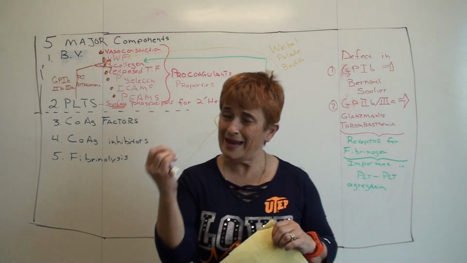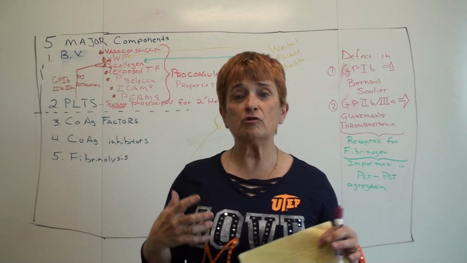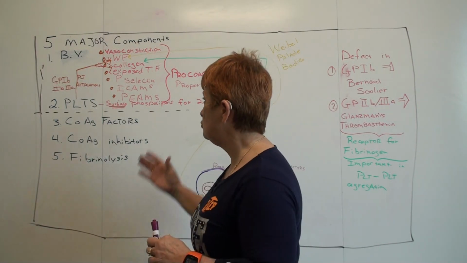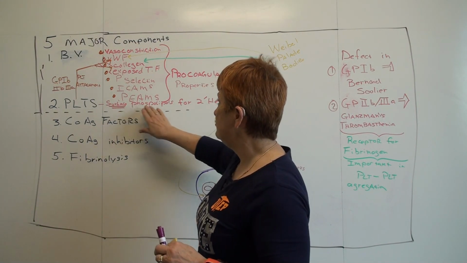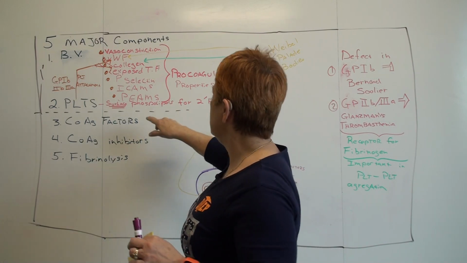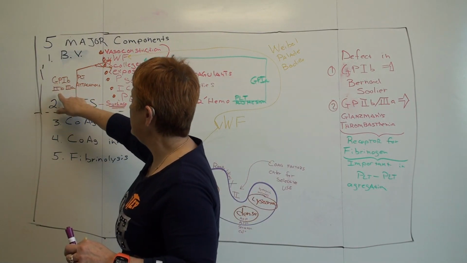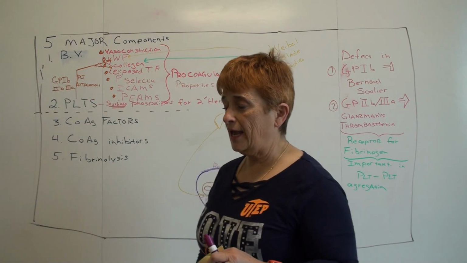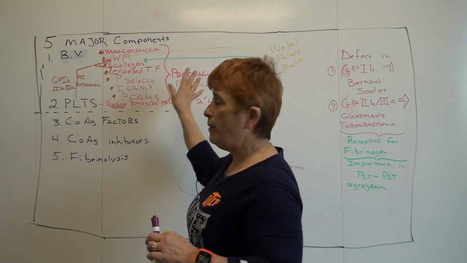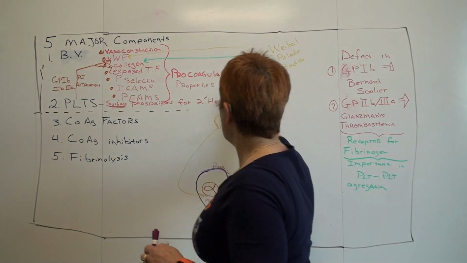One of the main things that the platelets are providing for the rest of the coagulation system to work is the surface phospholipids. Specifically, we've got phospholipids, GP1A, GP1B, 2B, 3A.